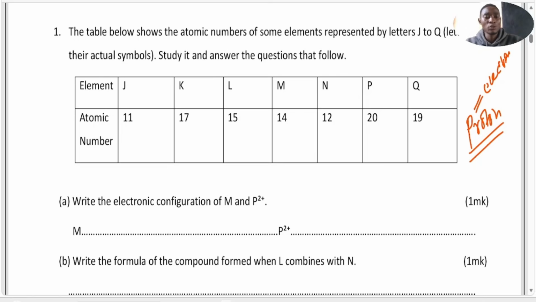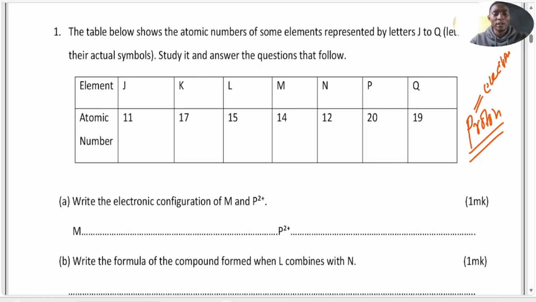This means that the atomic number 11 is equivalent to the number of electrons or protons that particular element has. So, I can use the atomic number, that is the electrons, the protons that is equivalent to the electrons, to write the configurations of each and every atom that we are given.